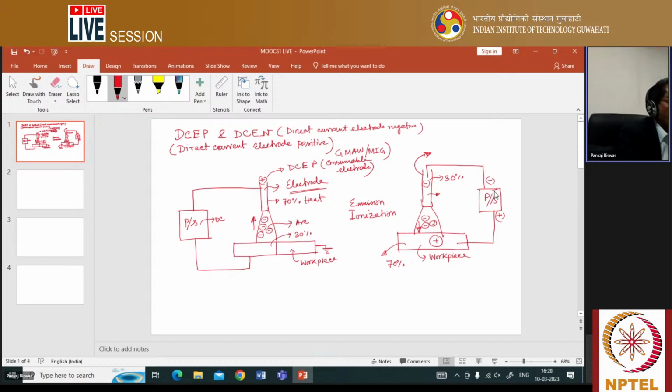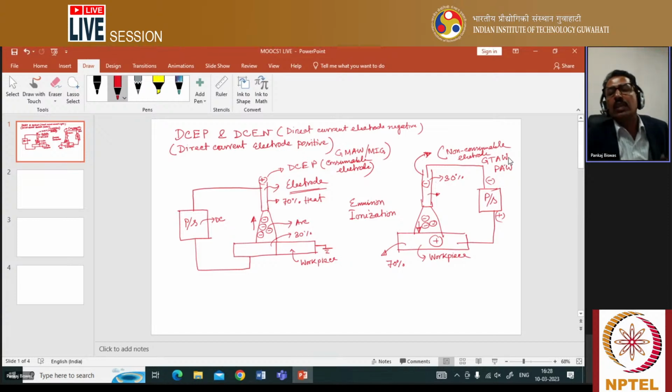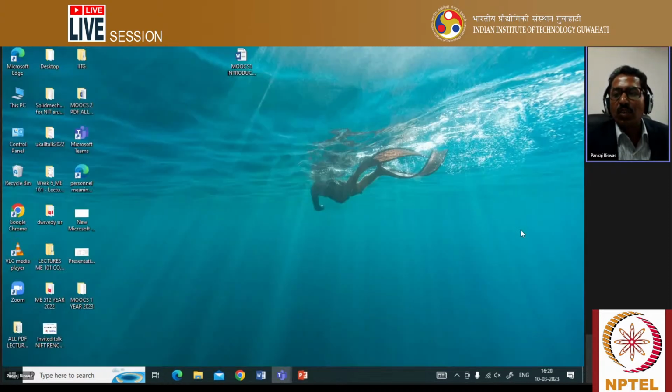Whereas in case of DCEN, generally non-consumable types of electrode are preferable, though there are some exceptions. One example is GTAW, and plasma arc welding. These are the different techniques where generally non-consumable electrodes are used. Understand what I'm telling? So these were last week's questions.